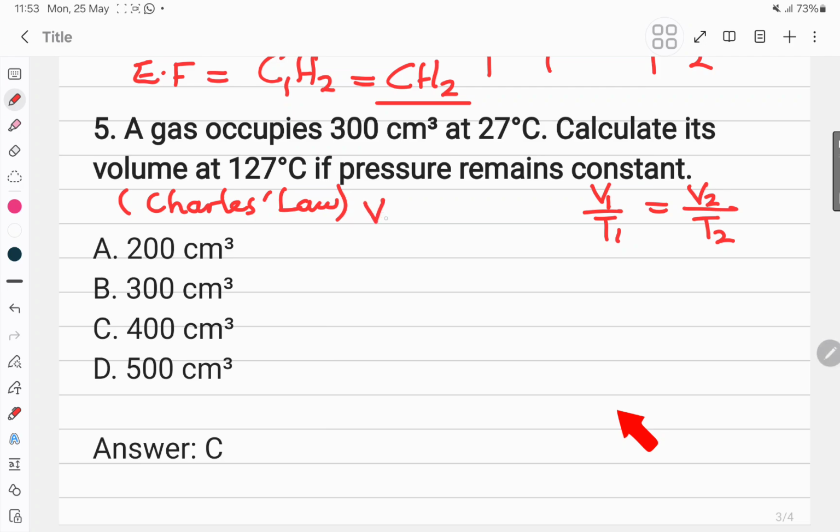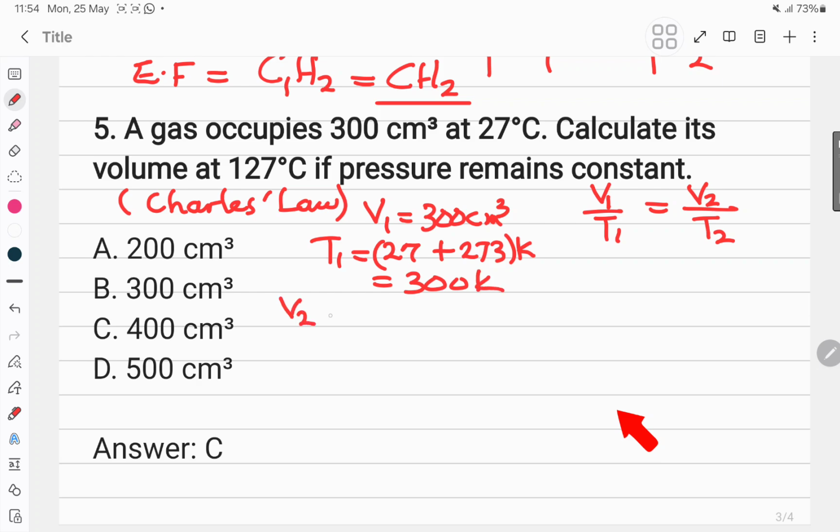Now the V1 is 300 cm cube. The T1, the temperature at which the volume is 300, is given as 27 degrees Celsius. To convert it to Kelvin, you add 273, and that gives us 300 Kelvin.